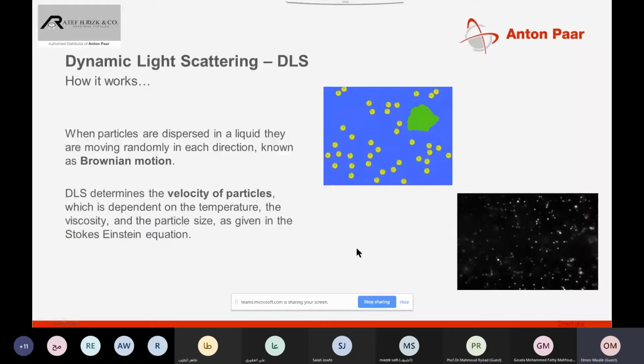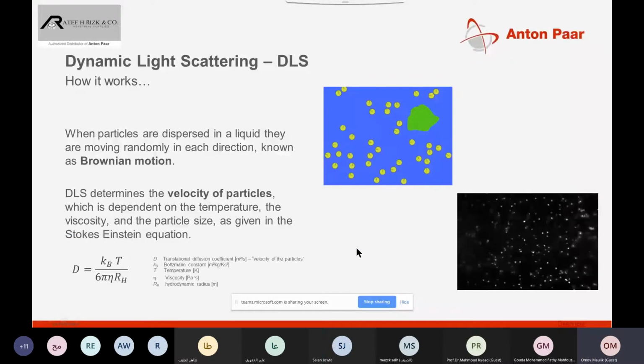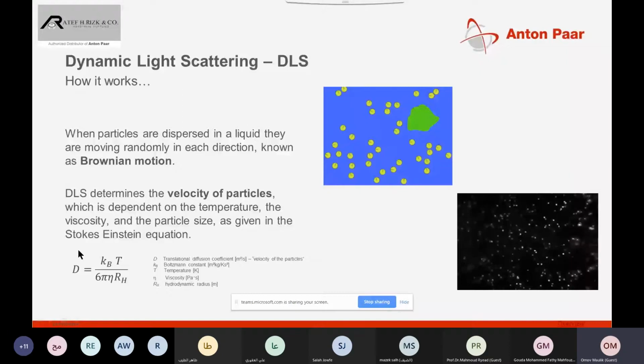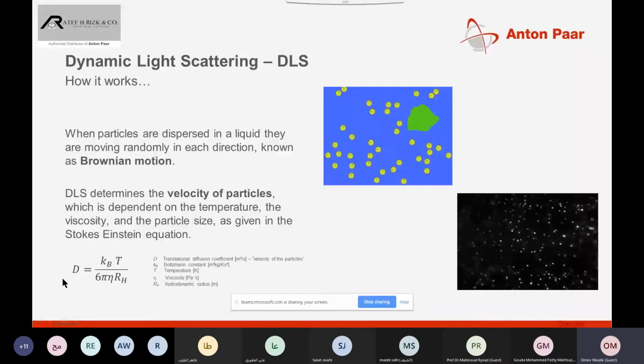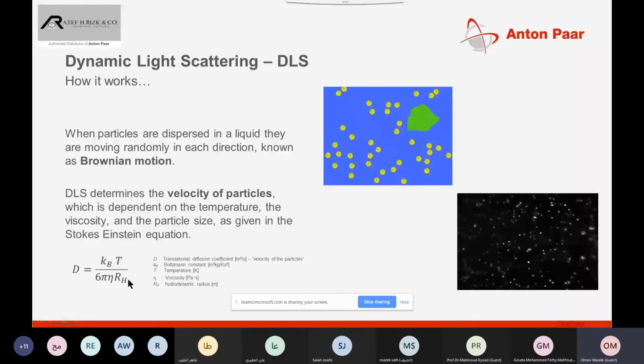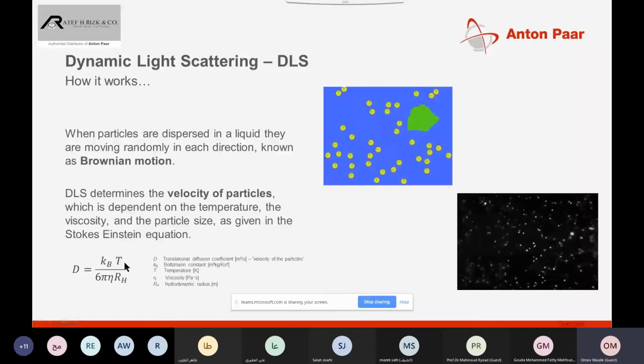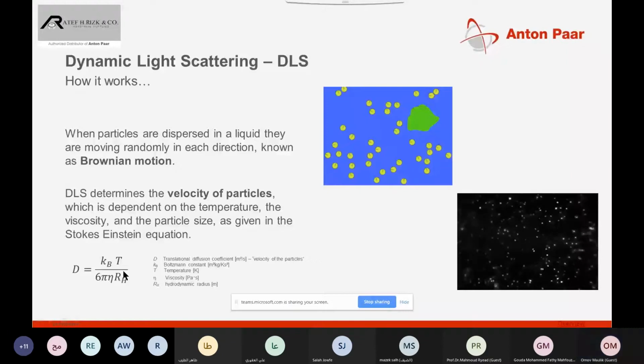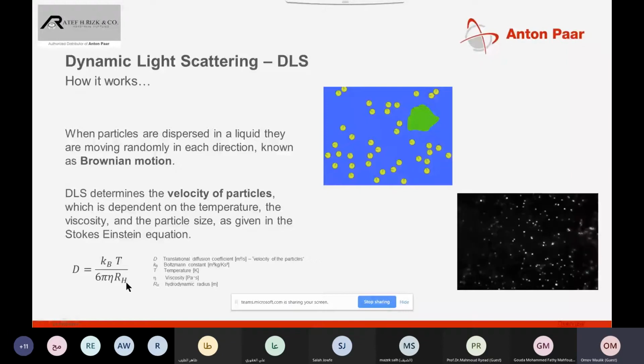When we talk about the DLS technique itself, we are measuring the speed of these particles which are moving with the interaction of the solvents. When we capture that speed, we measure the diffusion coefficient, how fast those particles are moving, and then apply that diffusion coefficient D into the Stokes-Einstein equation, where we determine the value called RH, which is the hydrodynamic radius.